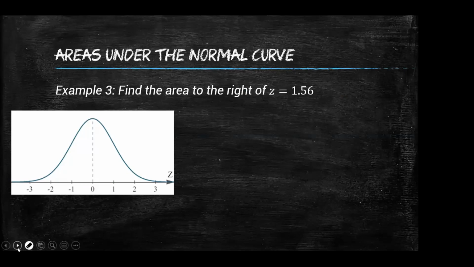Okay. So ito. Find the area to the right of z equal to 1.56. Ano yung z-score natin? So we have 1.56. O, nasaan yung right ng z equal to 1.56? Ito bang A or ito bang B? Saan yung right?